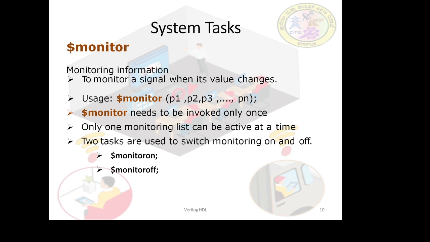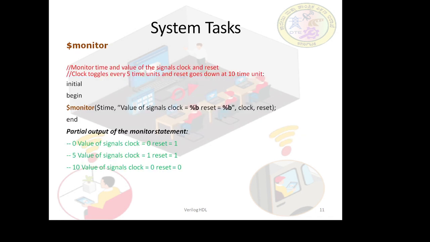This is an example wherein we are trying to monitor the time and value of the signals clock and reset. And here the clock toggles, that is the clock will be toggling from 0 to 1, 1 to 0 every 5 time units, and reset goes down at 10 time units.